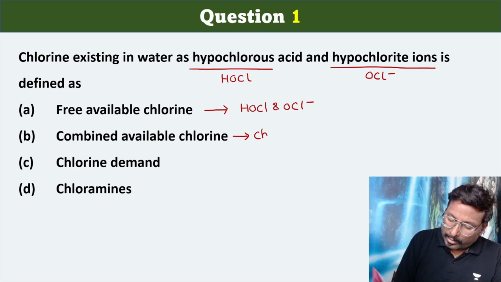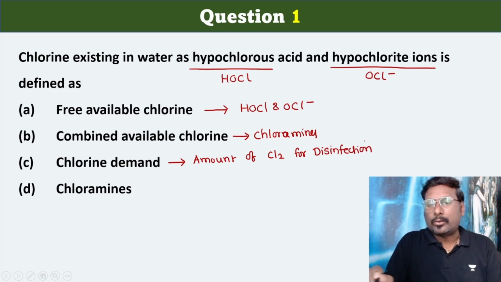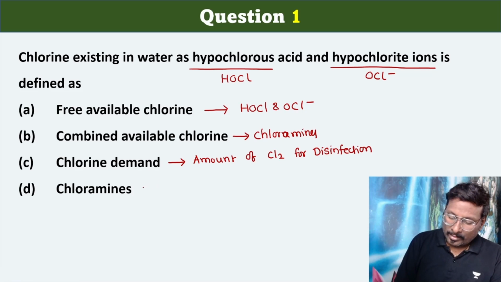Combinedly available chlorine is nothing but chloramines. Chlorine demand is the amount of chlorine consumed by water for disinfection. Amount of chlorine to kill, to destruct pathogen, that is demand. Chloramines, as already said, combined available chlorine. Combined chlorine forms.